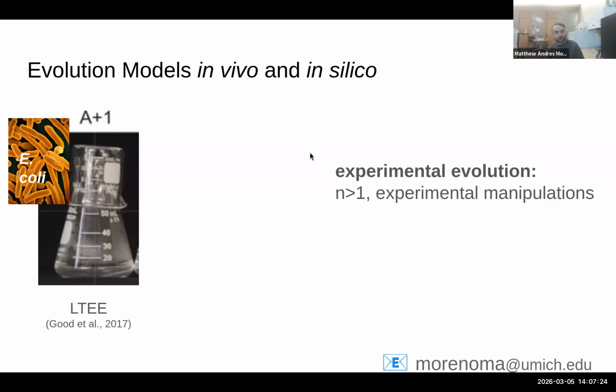I went to grad school at Michigan State University, and the long-term evolution experiment was upstairs from our lab. They had a big poster in their window about the number of generations that had elapsed in their E. coli lines. I can tell you that over my 5 years there, that number changed, but it changed very slowly. I think now they're up to 80,000 generations elapsed.